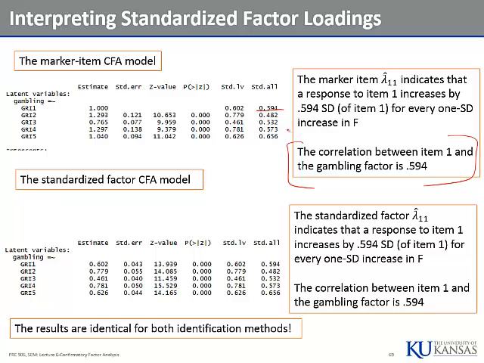Here, the first item has a correlation of 0.594. And you'll note that's the same thing down on the bottom. Remember, the difference between the top and the bottom is just how we've identified the factor itself. std.all is the same for both. That means for 1 standard deviation more of the factor, y goes up 0.594 standard deviations. So it's taken into consideration.